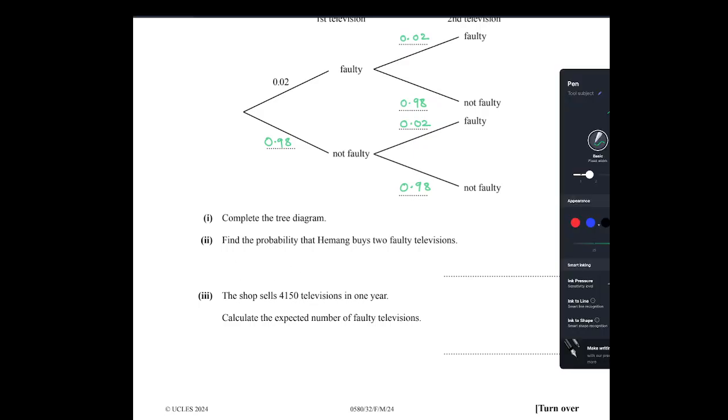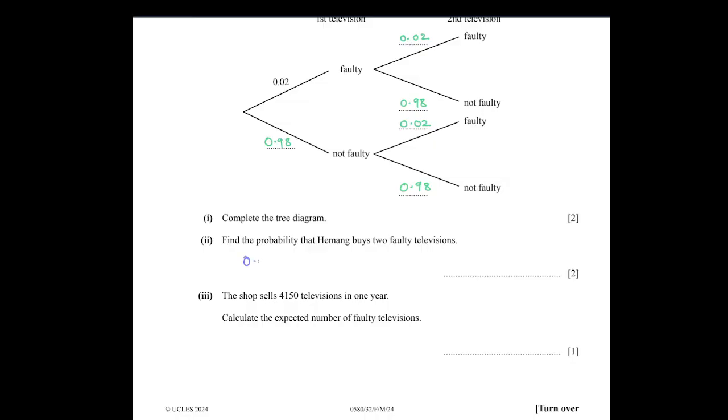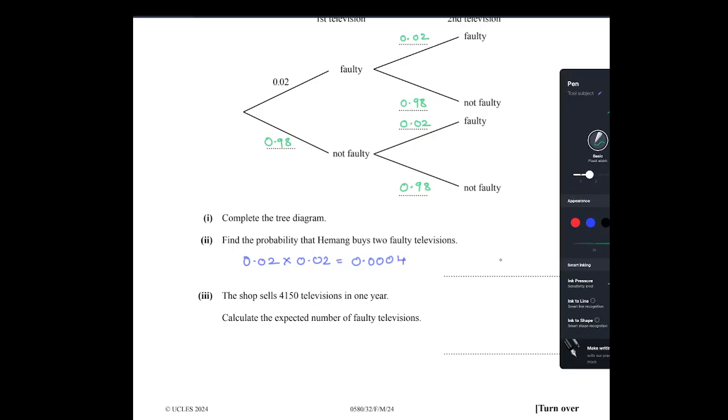So the answer for that multiplication, 0.02 into 0.02, will be 0.0004. So this is the answer.